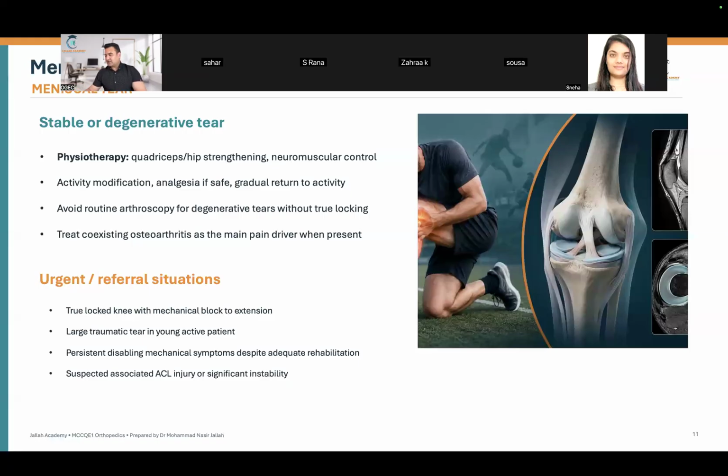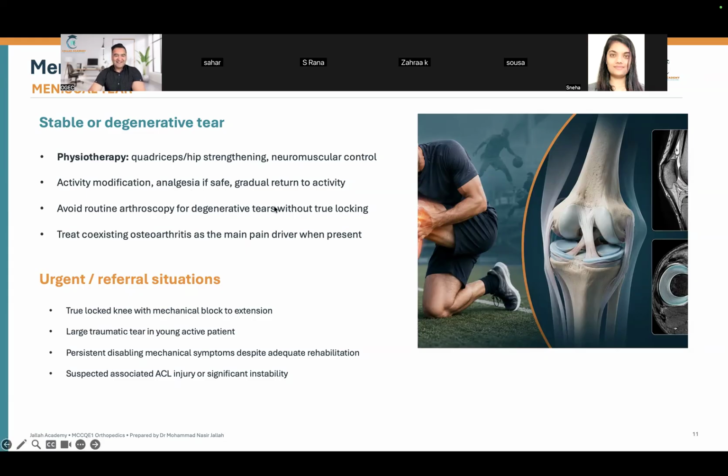If you see this, it is protected by a bunch of muscles around it, especially this one, which is the big one, right? So you need to strengthen them, you need to work on those muscles in order to keep the knee in its right position, to protect it like a bodyguard. So you have to work on the quads, the hips, neuromuscular control, activity modification, analgesia.